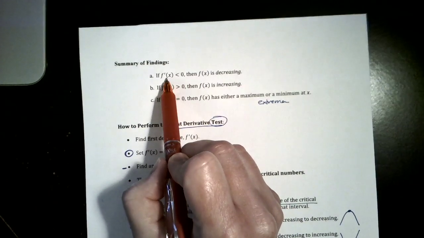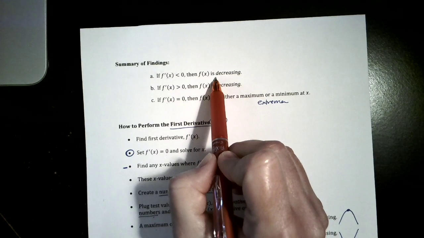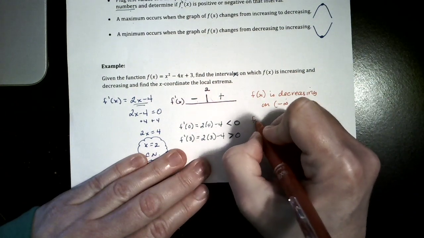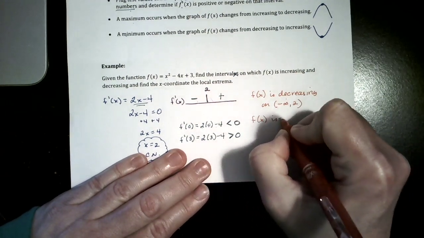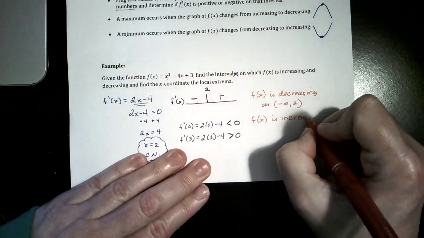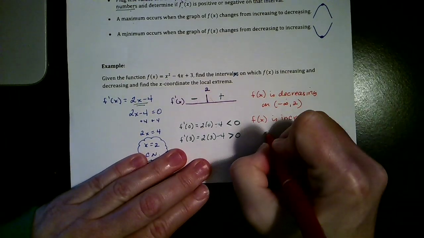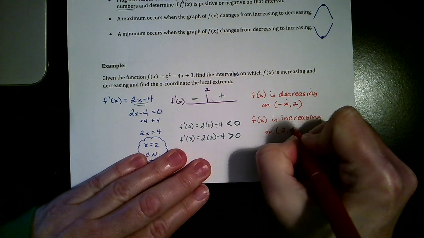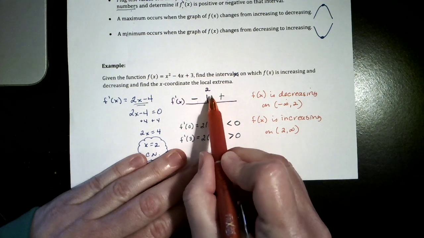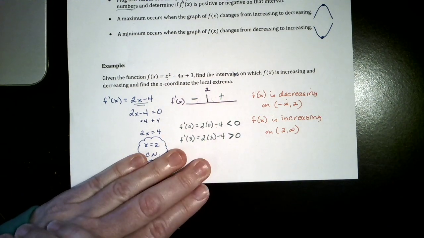If the derivative is negative, then the original function is decreasing. Did I say increasing? I meant decreasing. And then this tells me that f of x is increasing on the interval 2 to infinity because the first derivative is positive from 2 to infinity.